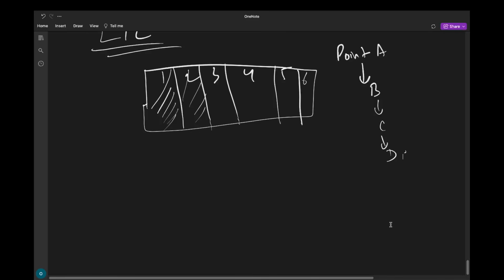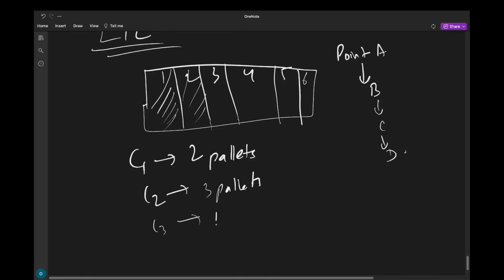So for example, we have company 1 who has given 2 pallets. We have company 2 who has given 3 pallets. Company 3 who has given 1 pallet. And suppose the truck has the capacity of 10 pallets.